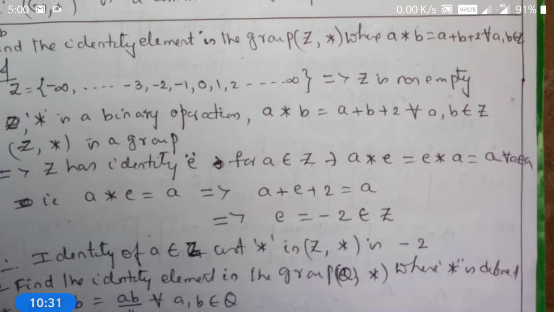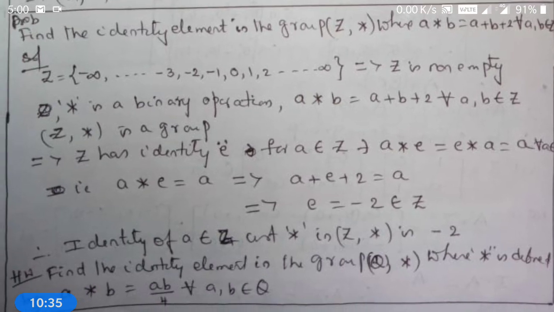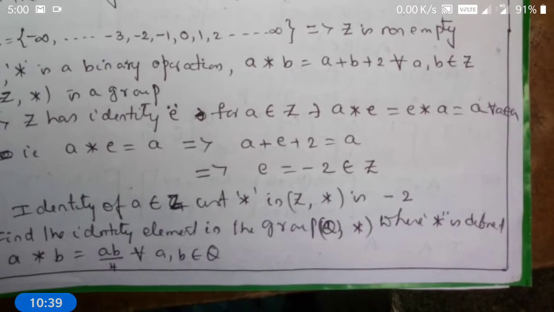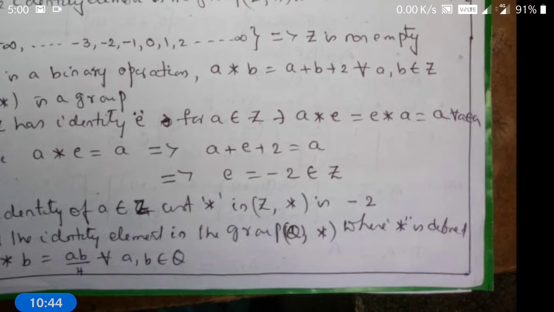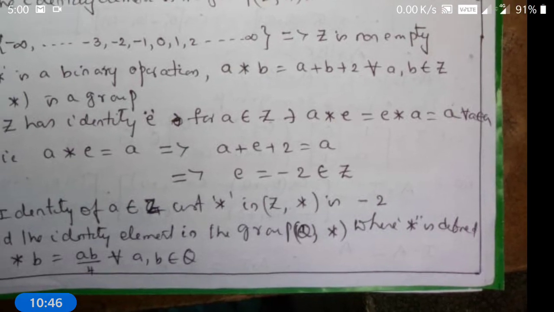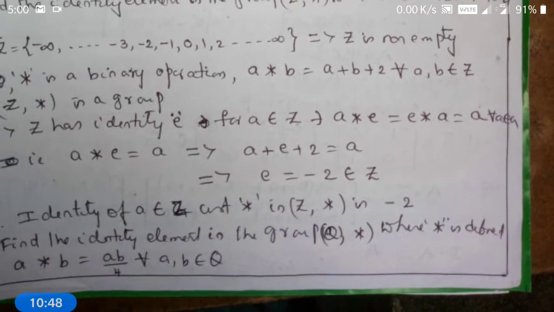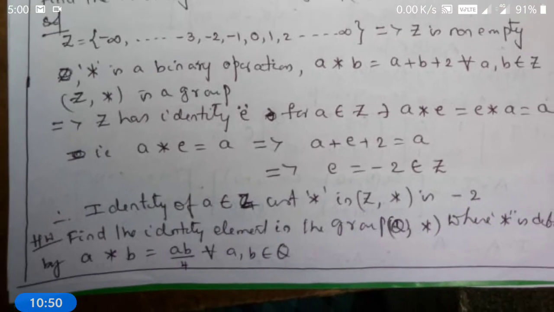Now, (Z, *) is a group. Therefore, Z has an identity, say E, such that for A belonging to Z, A * E is equal to E * A is equal to A. So, what is A * E?